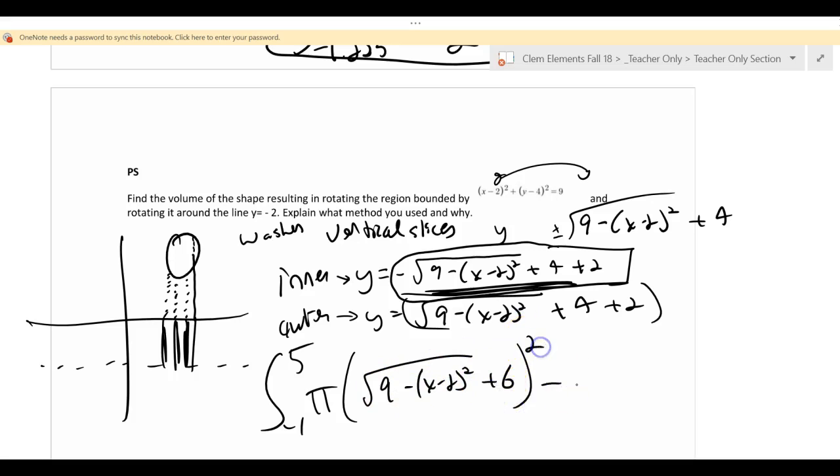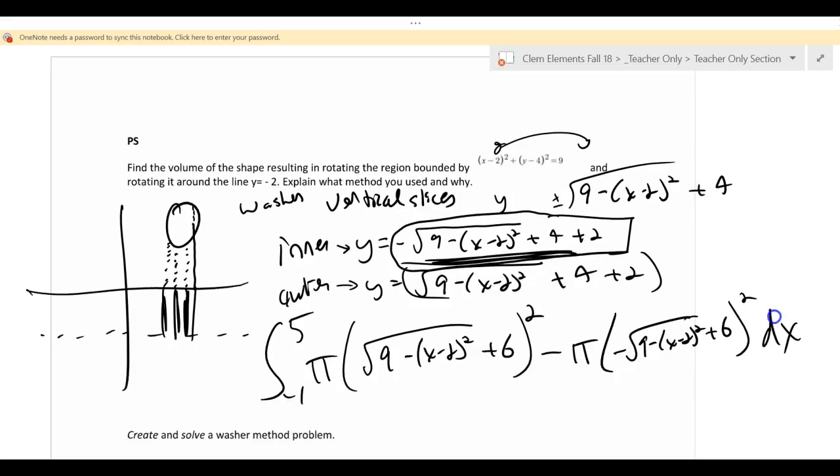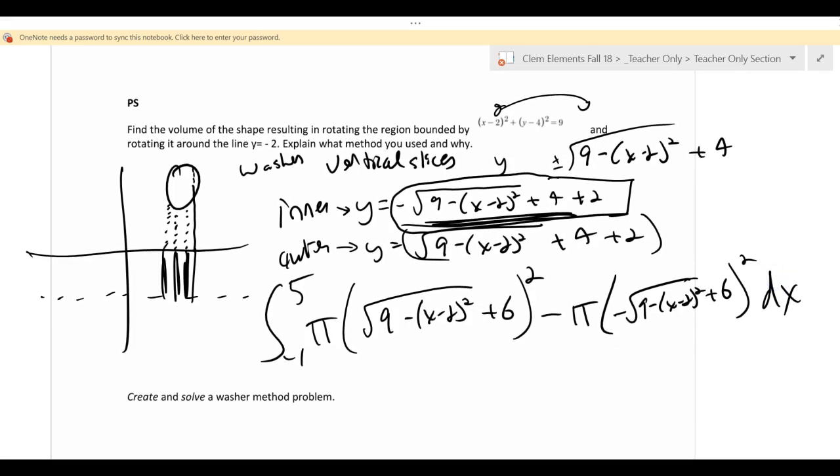Minus, forget squared. It's pi. Now let's do inner. Negative 9 minus x minus 2 squared plus 6 squared dx. I'll pause. And that gets me to about 1255.9.